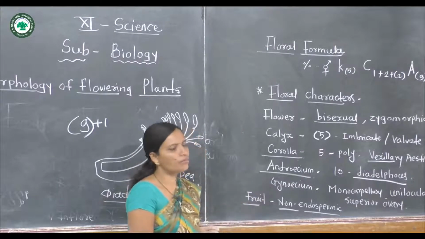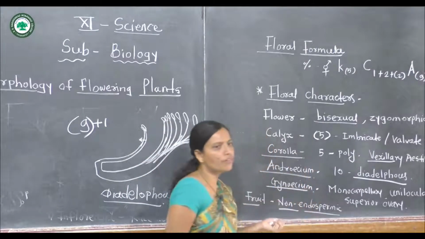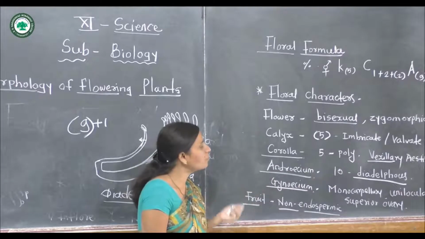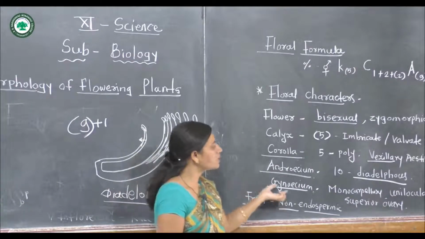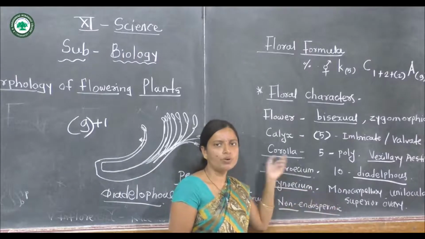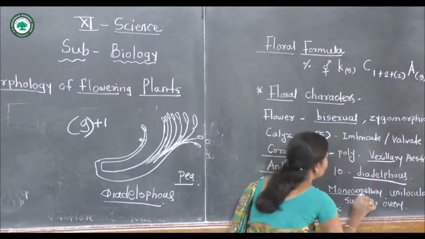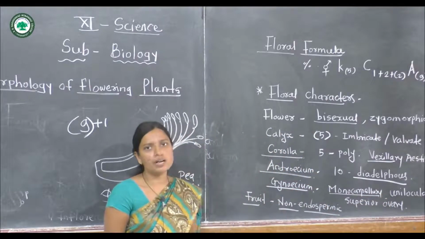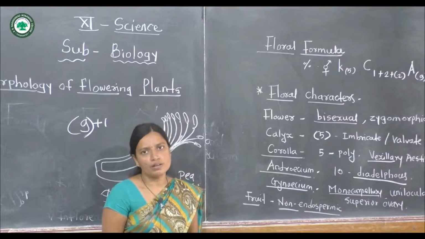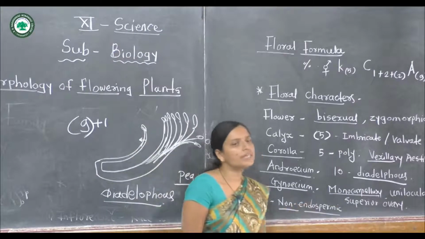Now the next one, floral characters, is the gynoecium. It is the female whorl, the female reproductive part of the flower. This gynoecium is a single gynoecium, only one, and it is called monocarpellary, a single carpel. It is unilocular, meaning a single locule is found, and the ovary is superior.